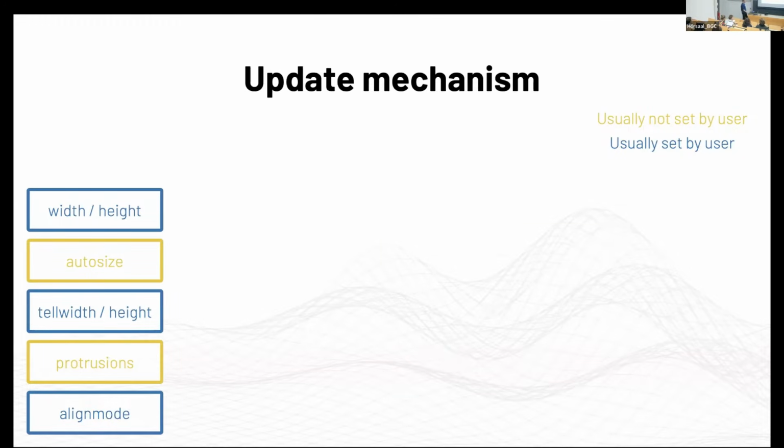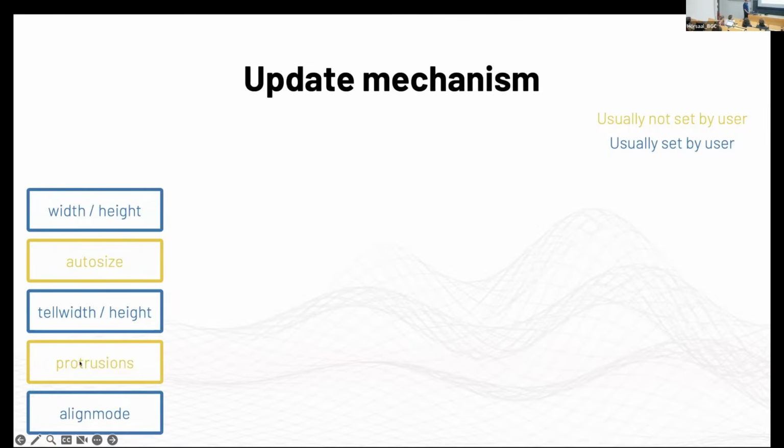So yeah, here are a couple of the basic observables that you might know about. I colored them blue if they are usually set by the user. So you might know, you can give an axis a width of 300, or you can set this. You probably had a lot of fun with tell width and tell height. So those are also common to set, and the align mode as well.